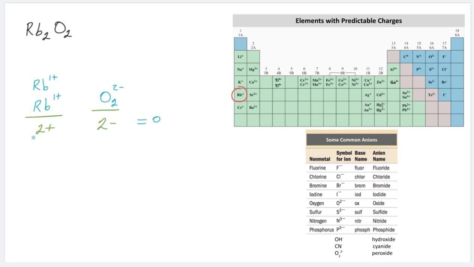We have no other option here, so this is in fact a peroxide ion. So now we want to write the name. The name would be rubidium peroxide.